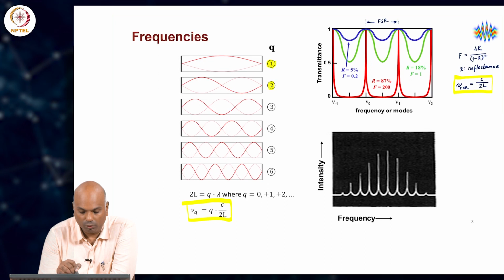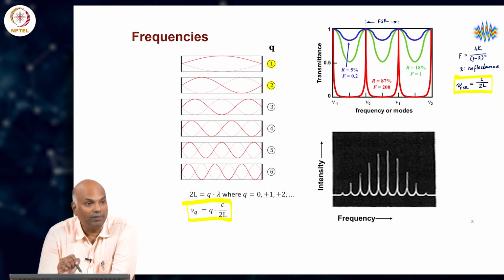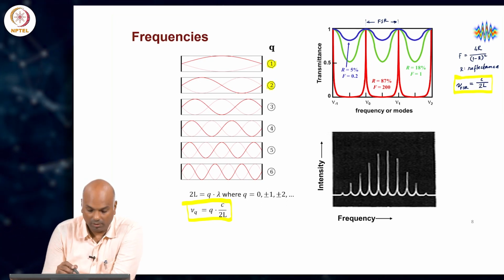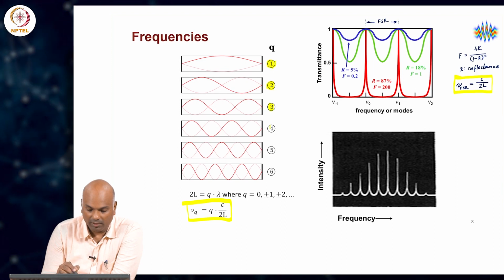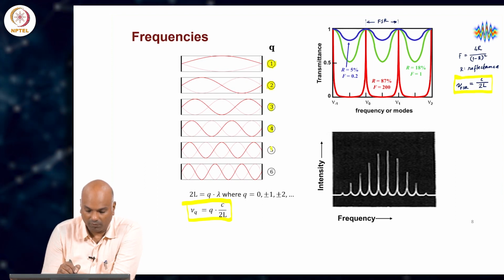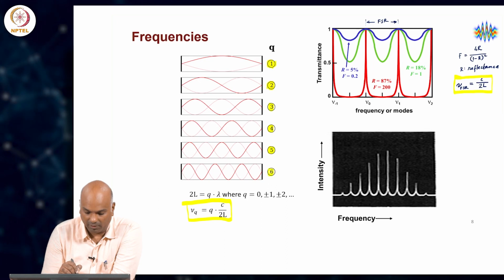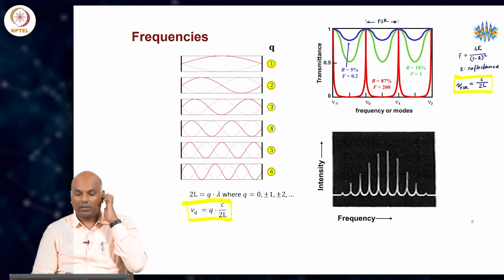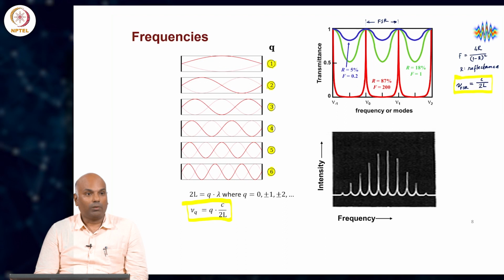Okay. And this is how the waves standing in the resonator look like. Q1, 2 has two wavelengths in a round trip, 3 has 3 wavelengths in a round trip, 4 has 4, 5 has 5, and 6 has 6 wavelengths in a round trip. Okay.